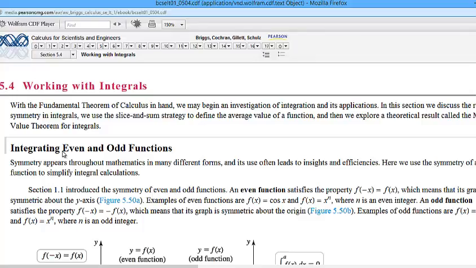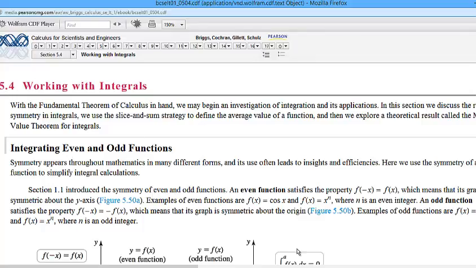Symmetric with respect, do you know? Origin. That's right, the origin. What's that mean? That means if you were to take a nail and put it into the origin and spin it 180 degrees around the nail, you'd still have that function back.